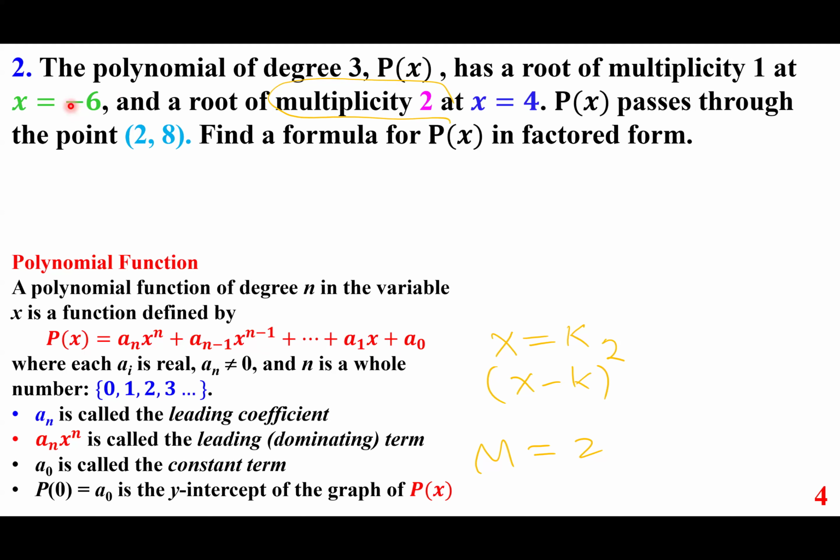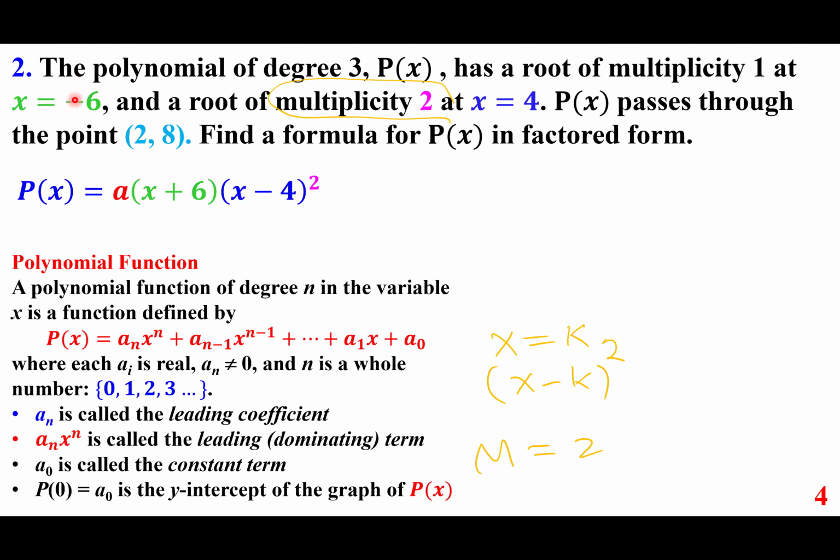And then this one means we have x plus 6. This means we have x minus 4. This one has multiplicity 1, so the exponent is 1. This one has multiplicity 2, therefore the exponent is 2. So take a look. P of x is a, because we don't know what the leading coefficient is.